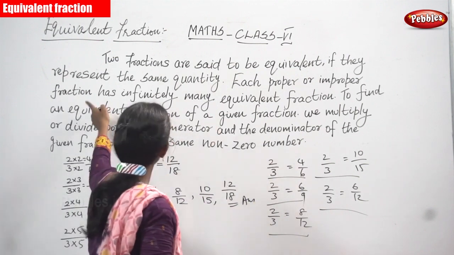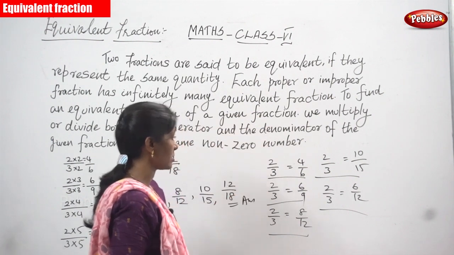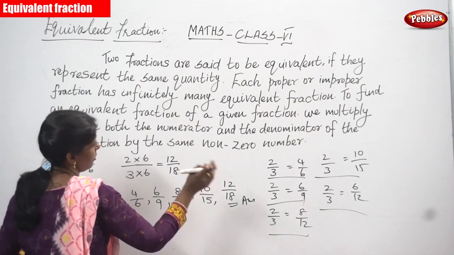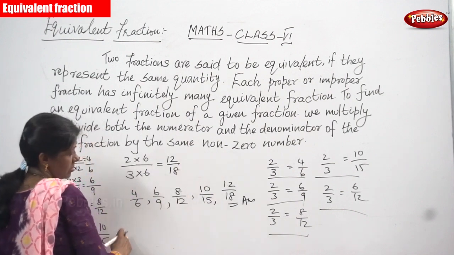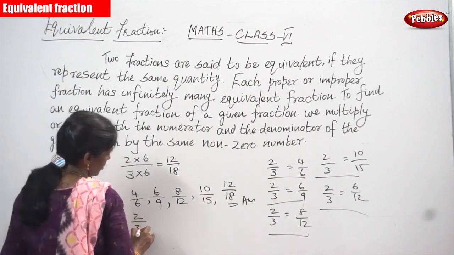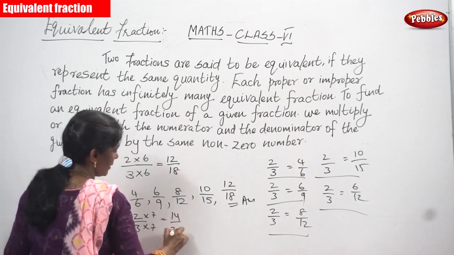Each proper or improper fraction has infinitely many equivalent fractions. This is a proper fraction, so it gives a lot of equivalent fractions. But I found only 5 equivalent fractions. If you want to find more, you can multiply 2 by 3 again by 7, and you get 14 by 21.